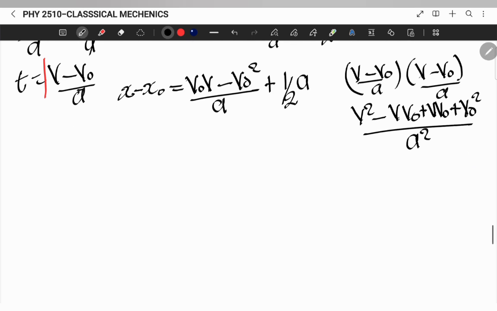Okay, so if we want to deal away with this, so v squared, plus that. Okay, so keep this, and we're going to have 2v v naught plus this squared over this.